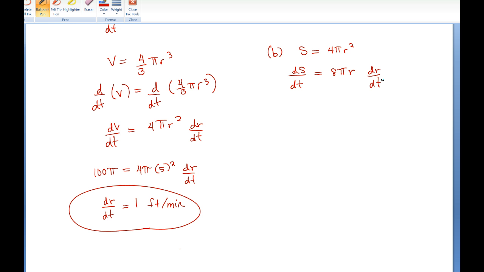We just figured out that at that instant dr/dt is 1 foot per minute, so we can plug that in. So dS/dt is 8 pi, what was the radius at that instant? It was 5, and then 1. So we get 40 pi, and it's square feet per minute.